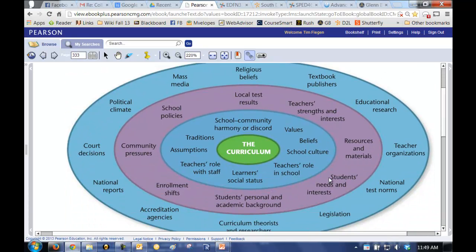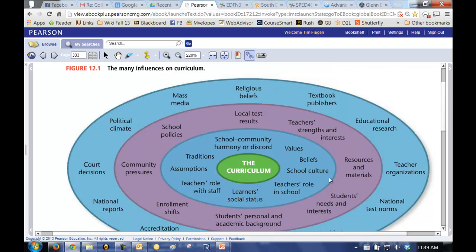So here is a diagram, and this will be number 1 that you'll put in: the influences on curriculum. Look here in the center, a little closer to school: community, harmony or discord, values, beliefs, schools. Three big rings. Even on the outside periphery there are religious beliefs and textbook publishers. Unbelievable.